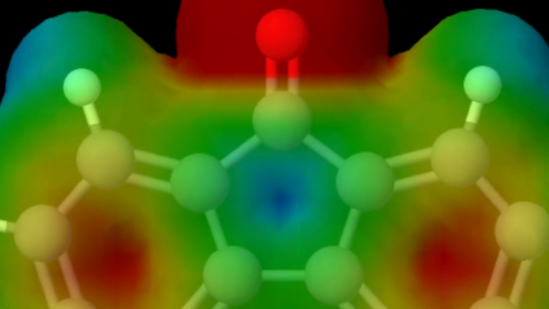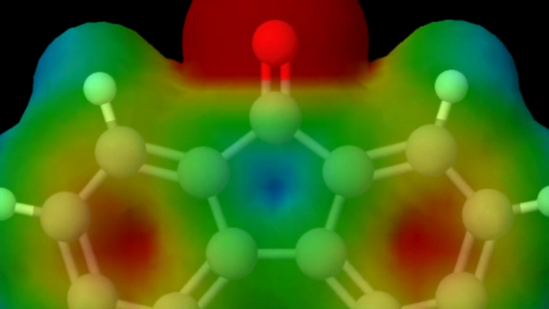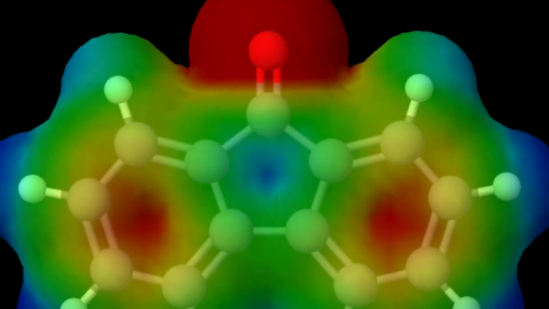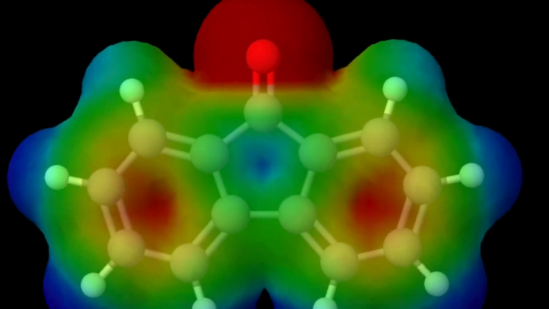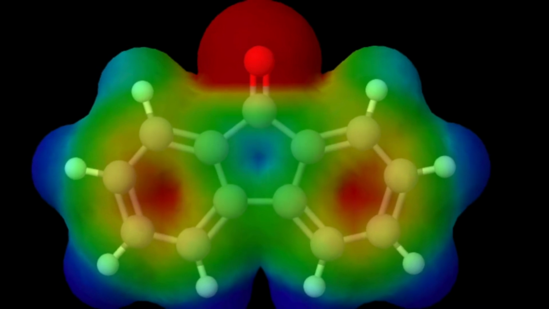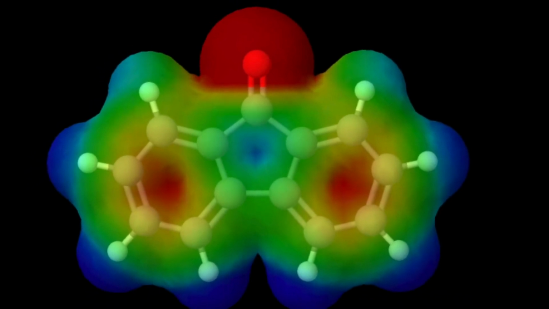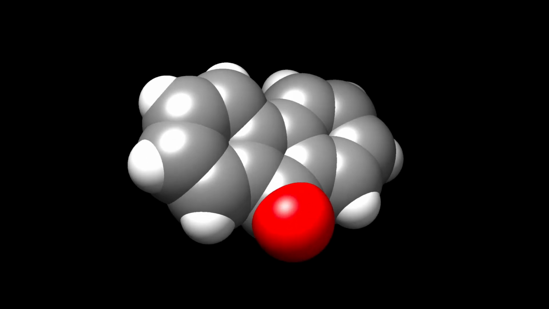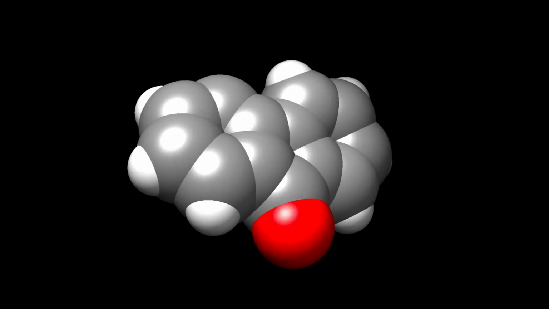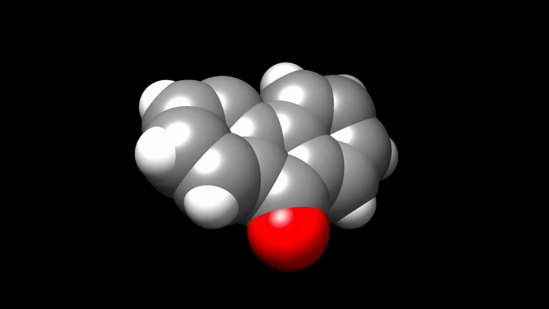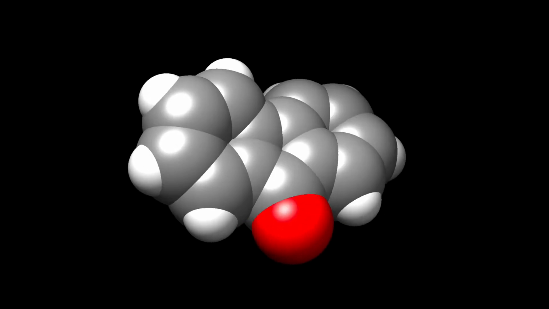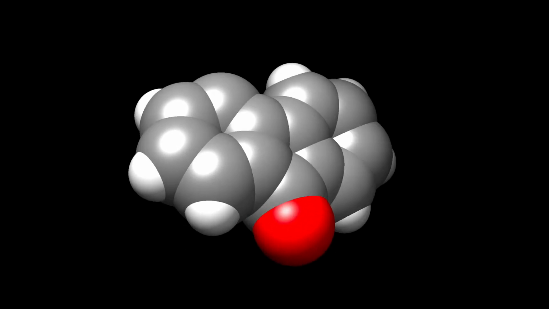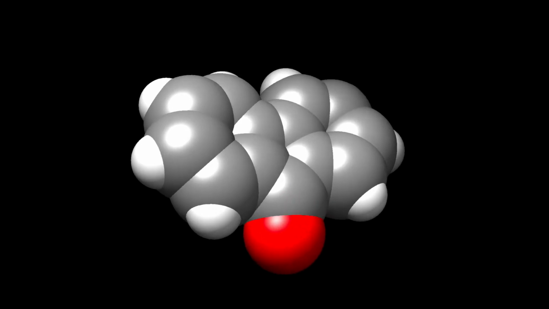The bonds in fluorenone are not static and still. They vibrate and twist and turn. In fact, in 1 second at room temperature, the bonds in fluorenone will vibrate around 10 trillion times. To give you a visual sense of what the molecule looks like when it is living and breathing and moving around and dancing in a beaker, consider this simulation here.